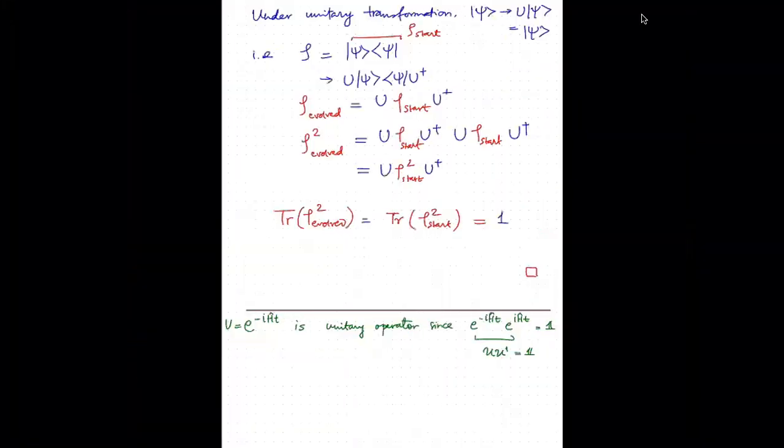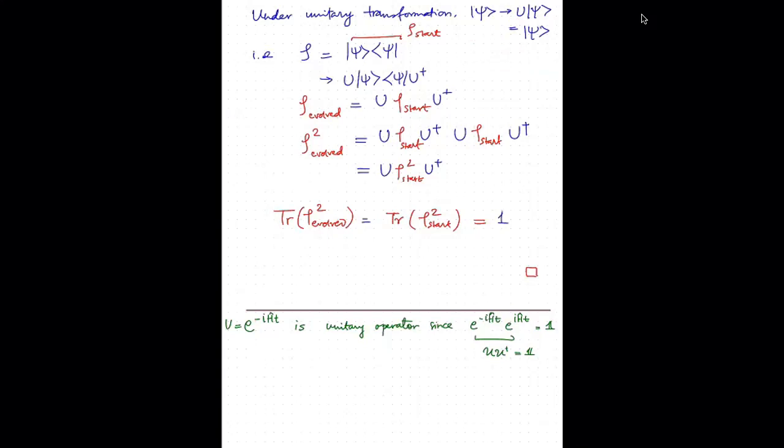So under a unitary transformation, a state psi will go to U psi, where U is a unitary operator. What do we mean by a unitary operator? We mean that U dagger U is equal to the identity matrix. That is the definition of a unitary operator.